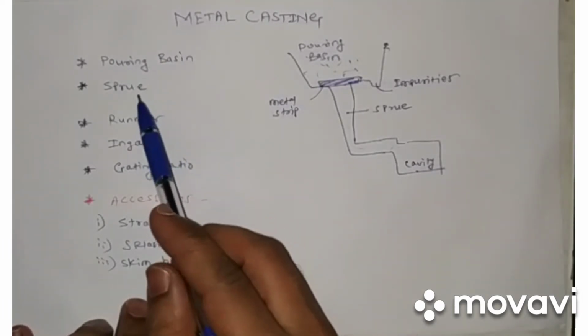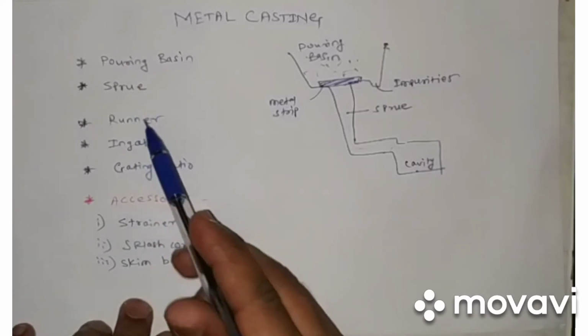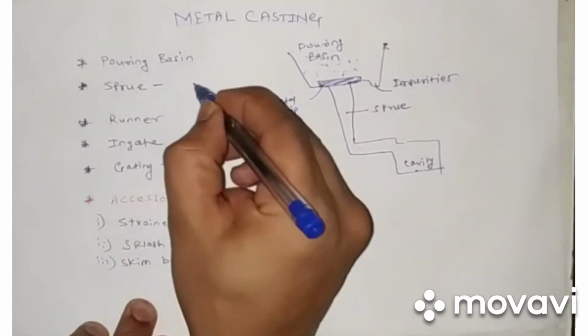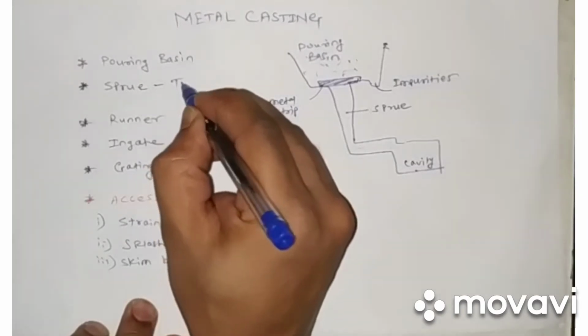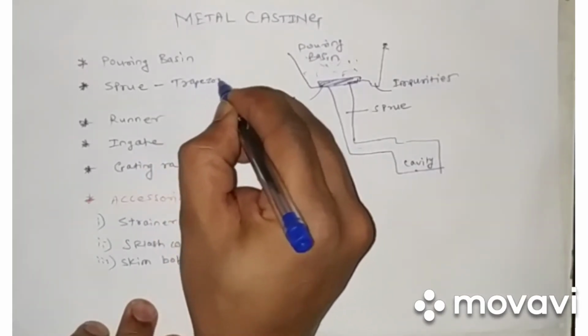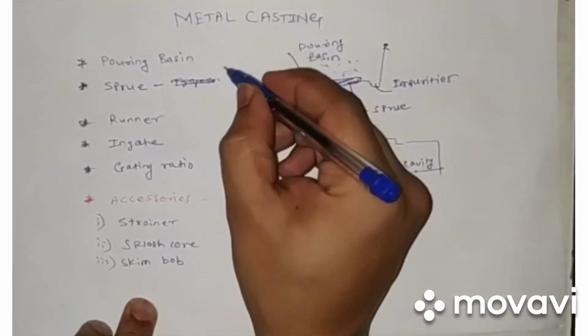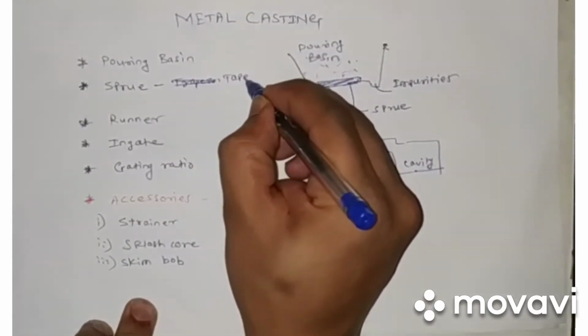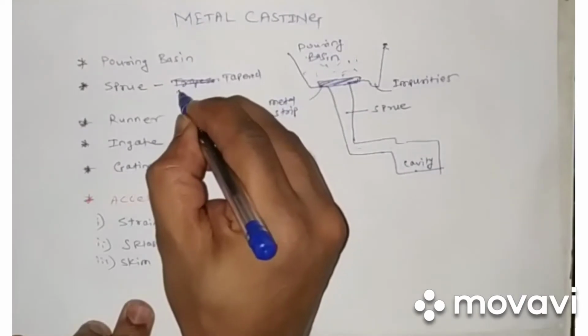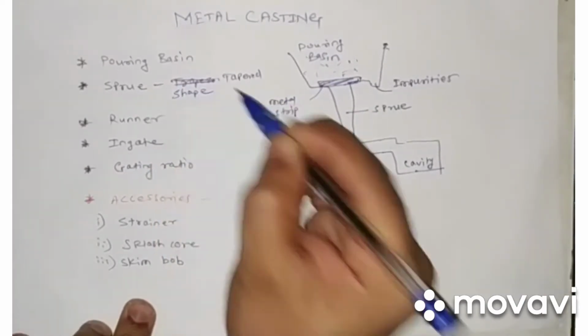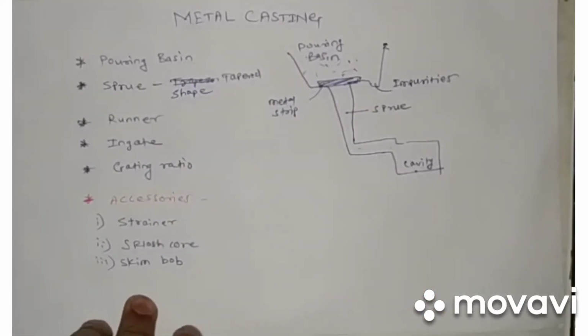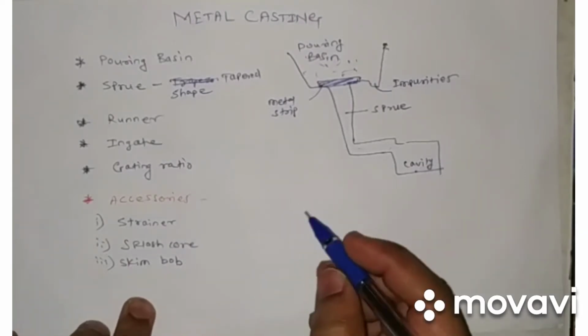So for avoiding the aspiration effect, this sprue is designed with a uniform tapered shape to minimize the aspiration effect.